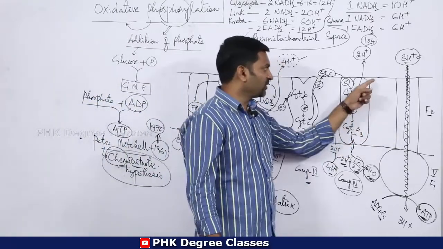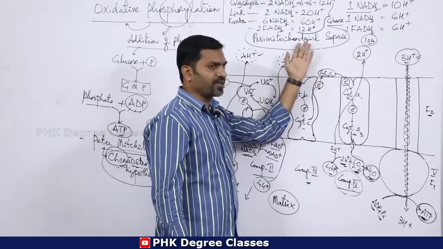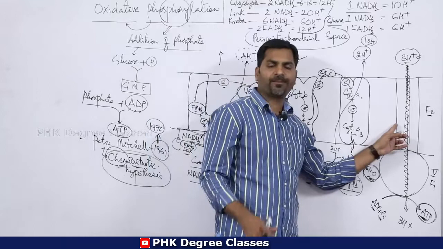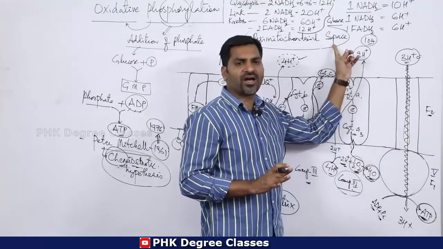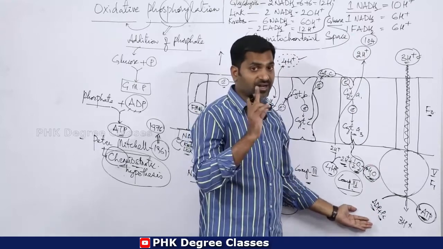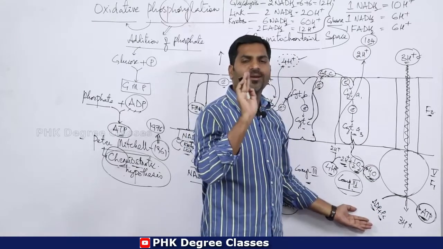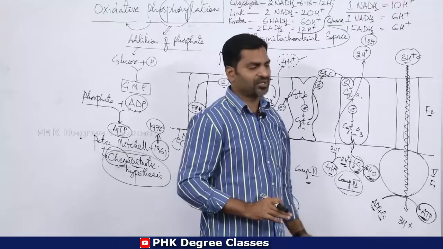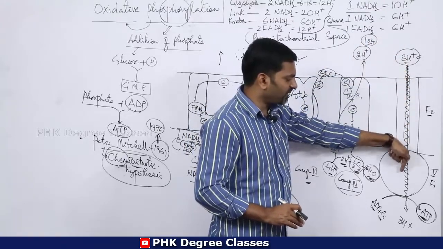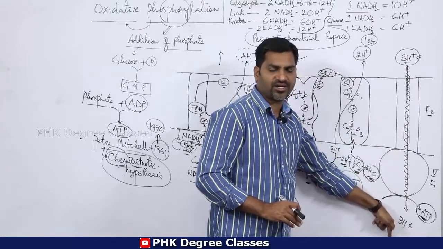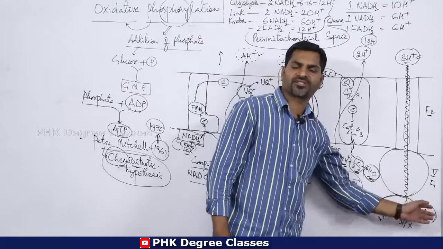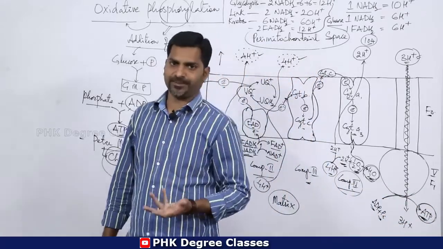This layer cannot allow the protons to pass, but only complex 5 allows it, on the condition that only 3 protons pass at once. For every 3 protons, one ADP combines with phosphate and ATP is formed.